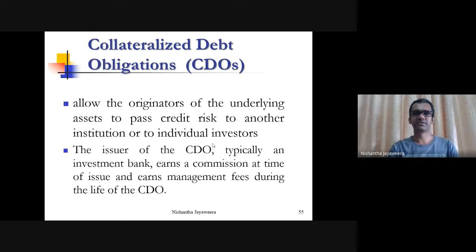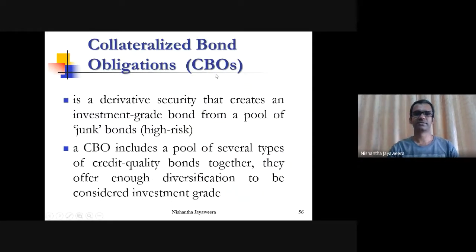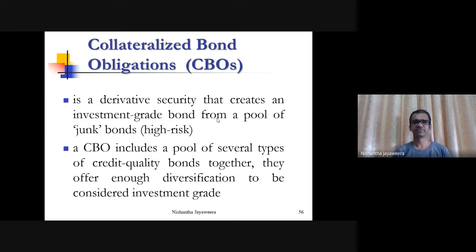That's why you can see collateralized bond obligations, which are issued based on several types of bonds with different credit quality. This issue is backed by a set of bonds, maybe corporate bonds issued by different corporates with different credit ratings. So it's a diversified pool. Generally in the market, we assume when you have a diversified portfolio, risk is less.